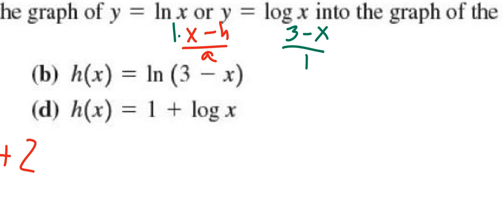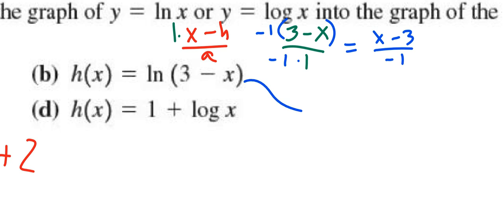Yeah, I know, there's a good term for you. How do I make that coefficient go from a negative 1 to a positive 1? Yeah, you multiply everything top and bottom by negative 1. So this becomes x minus 3 over negative 1. So we could rewrite this as h of x, or we could call it y.